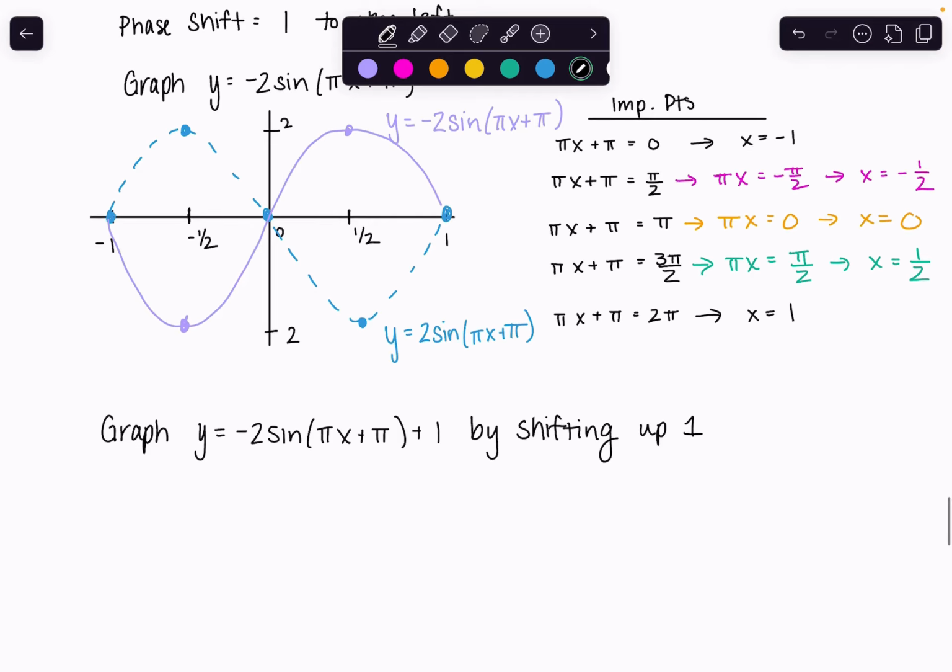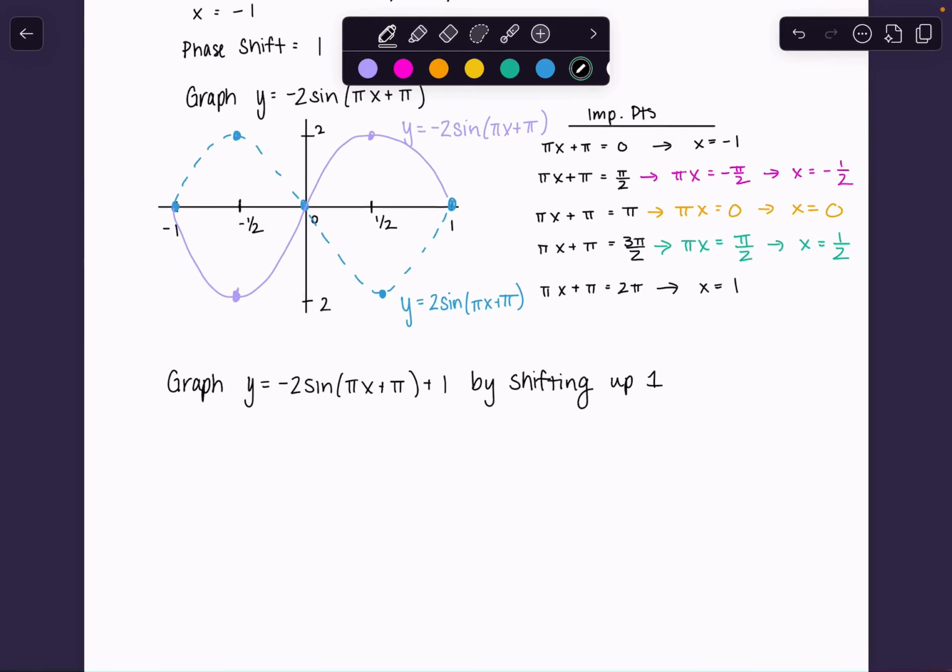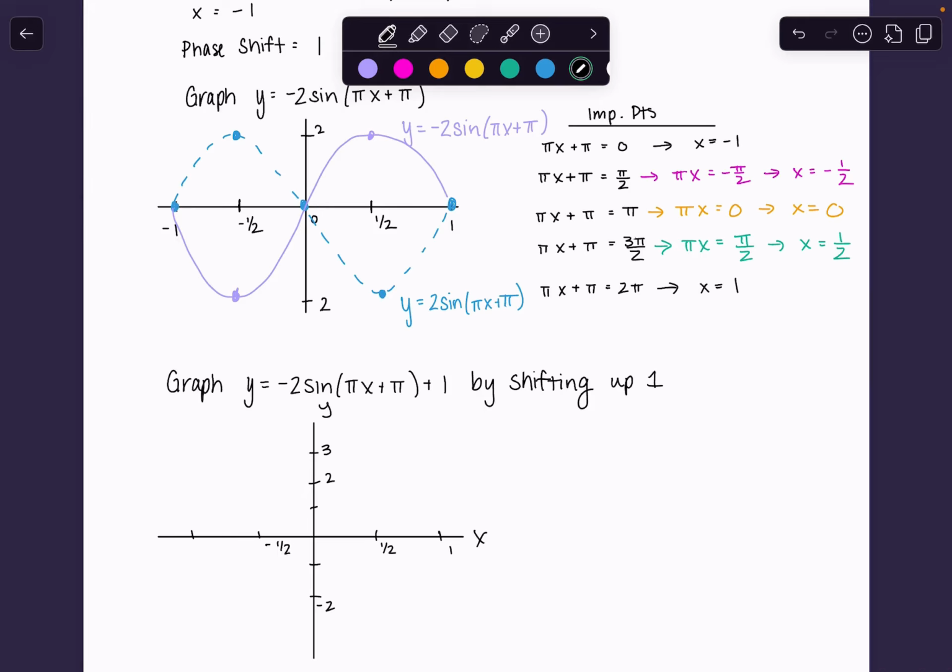Okay. So I'm going to go ahead and zoom out a little bit so I can still have that graph in here. We were between -2 and +2, but now that I need to shift up 1, I really need to go up to 3. Okay, and then my key values here are 1/2 and 1, -1/2, -1.